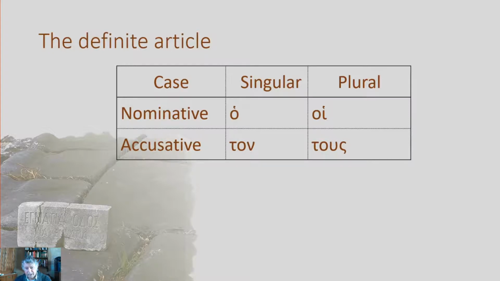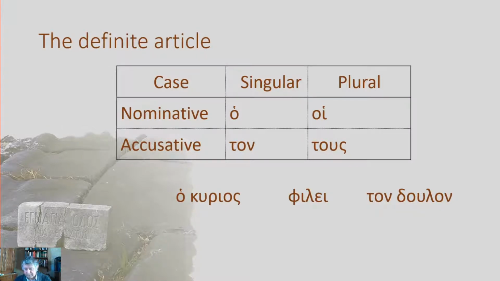So if you've got the master, he's nominative and singular, you have to use the ho. So it's ho kurios. If it's the masters, it's hoi kurioi, and so on. So ho kurios phile ton doulon, the master loves the slave.